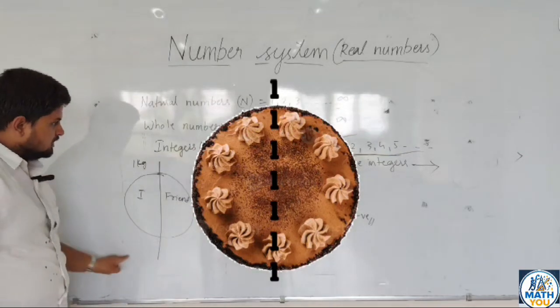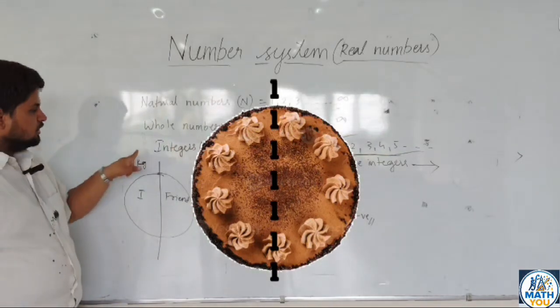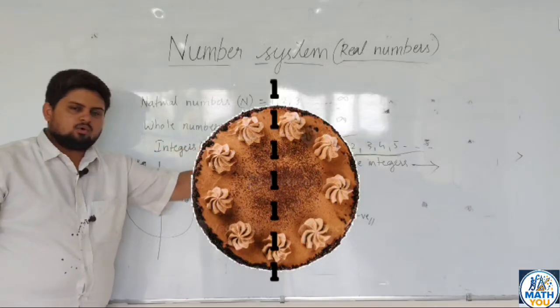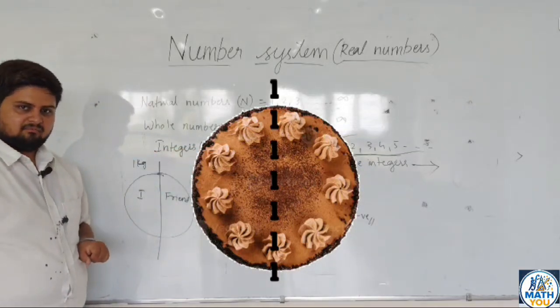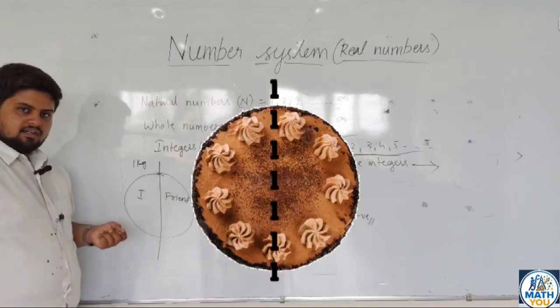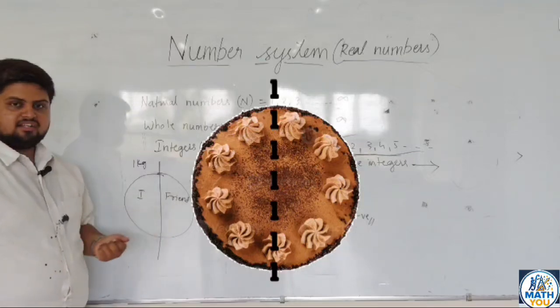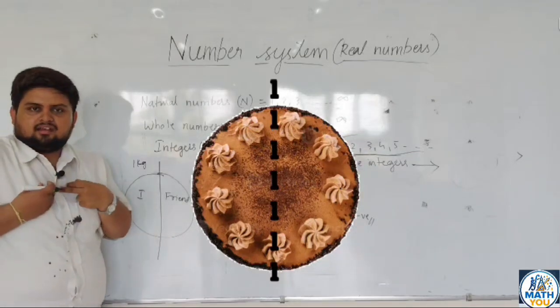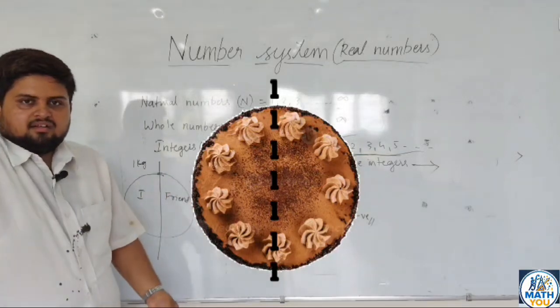This is one whole cake, represented by one whole number. I am eating one part, my friend is eating one part. How much did I eat? How much did my friend eat?